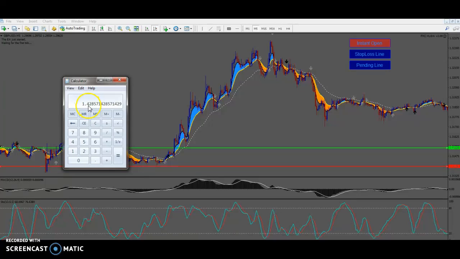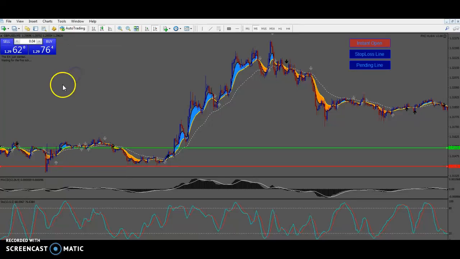Well, $1.42, but MT4 only allows 10 cents increments, so it's $1.40. So of course we'll go here, and this would represent $1.40 per pip.